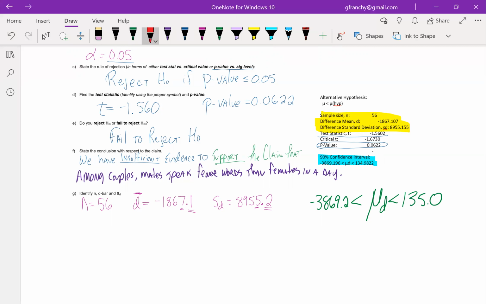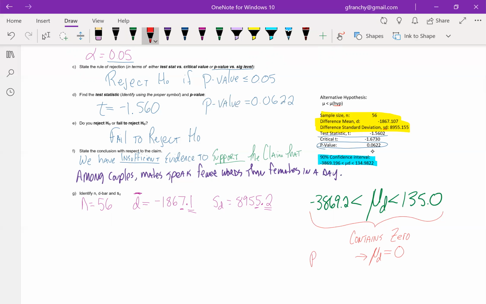So what you need to notice about this confidence interval when it comes to interpreting it is this confidence interval contains 0. And since 0 is in it, it is plausible that the mean difference is 0.